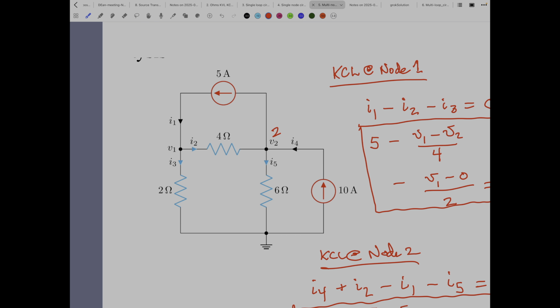I'm going to get 20 volts here and 13.33 volts here. Now that's interesting because that voltage, this one, is higher than the 13.33. So the current through the 4 ohm will actually be in this direction.